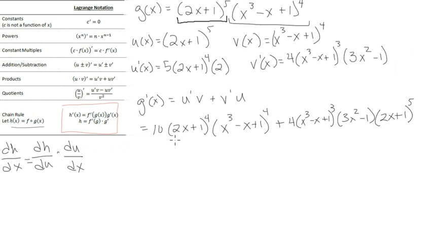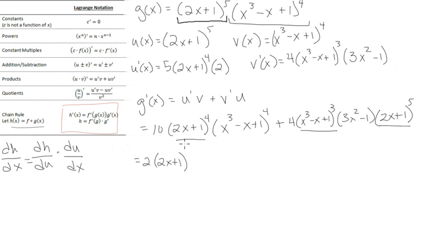In order to simplify this function, I'm going to notice that I have 2x plus 1 and 2x plus 1 and x cubed minus x plus 1. So I can factor those out. Notice that I could also factor out a 2 if I wanted to. So that would be equal to 2 times 2x plus 1. And I'm just going to take the smallest of the powers.